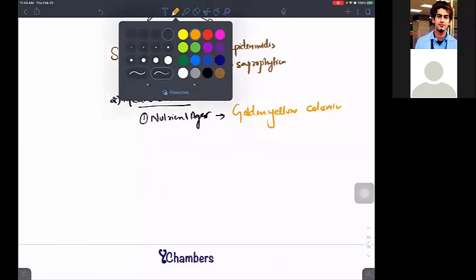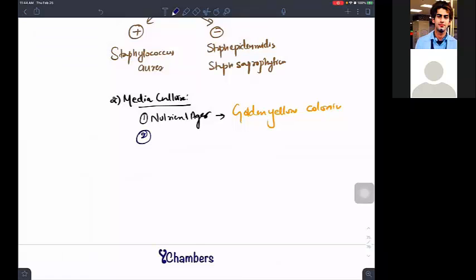If you give them a blood agar, which type of hemolysis will they give? Alpha, beta or gamma? They will be giving us a beta hemolysis. Beta hemolysis means complete hemolysis.